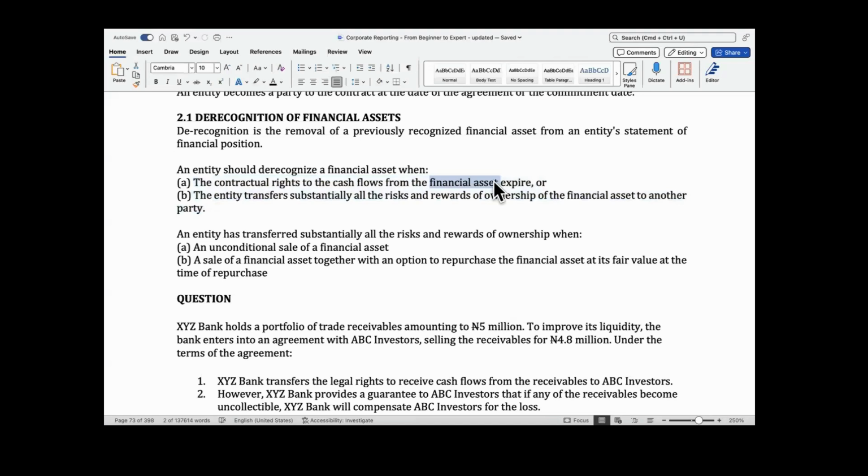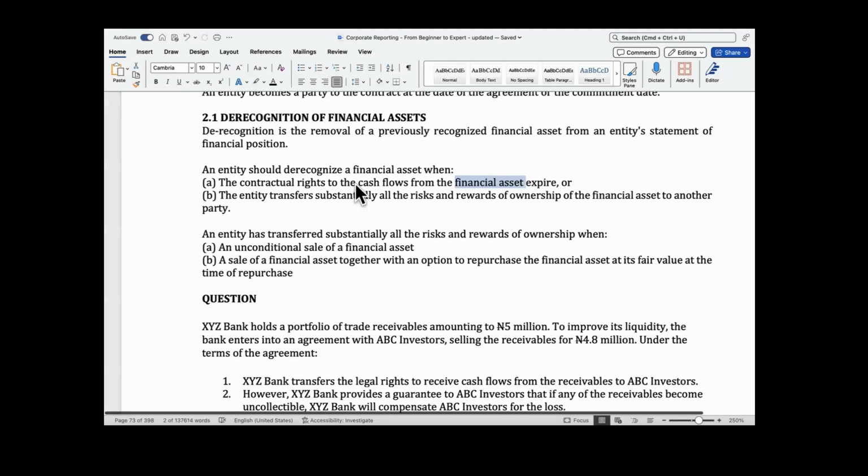Remember that a financial asset is a contractual right to receive cash. So when your right to receive cash has expired, remove it from your books. As soon as that right to receive cash is no longer in existence, derecognize it.